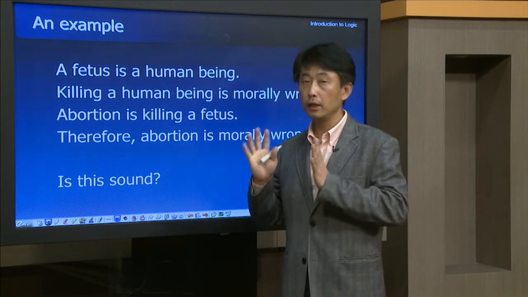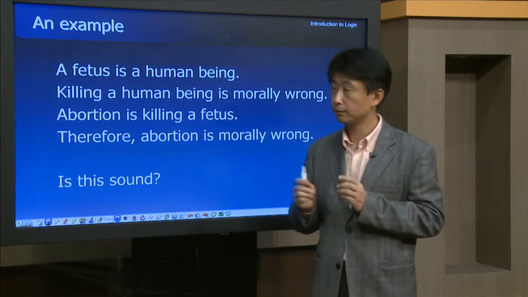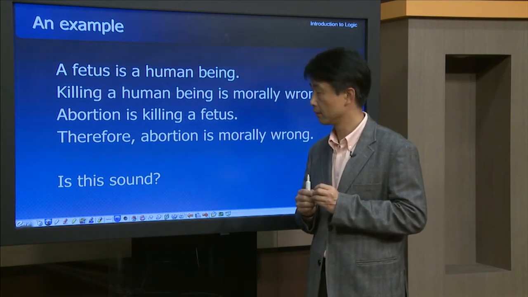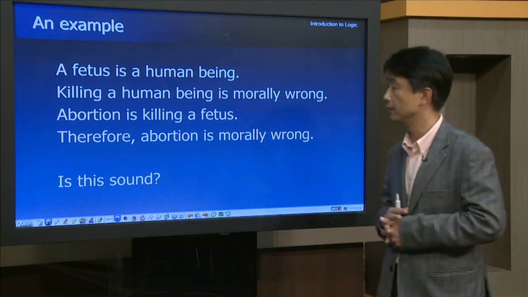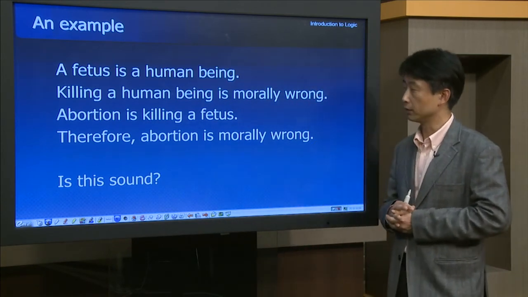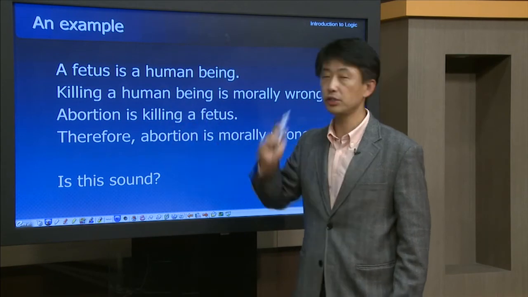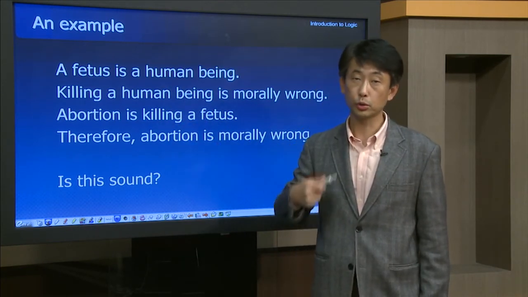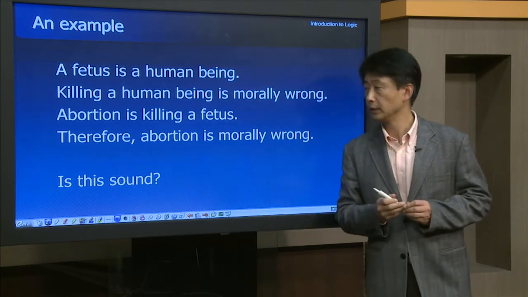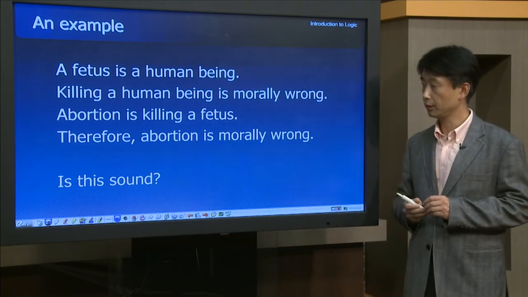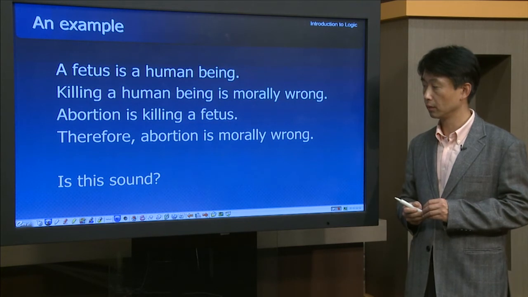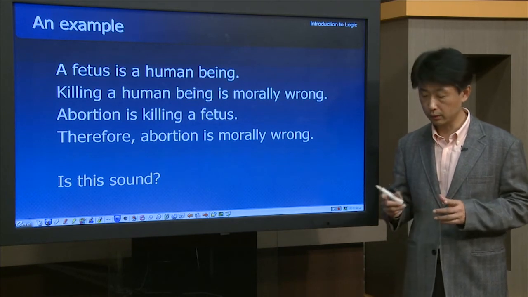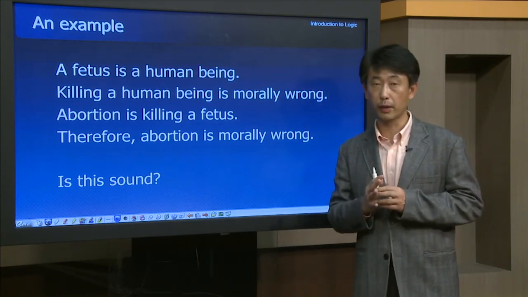That is, either one of the premises is not true, or the argument is not valid. So you ask yourself, is this a valid argument? That is, if these premises are true, is the conclusion also true? I think so. This is a valid argument. Now, does that mean that this argument is sound? Well, that depends on whether all the premises are true.